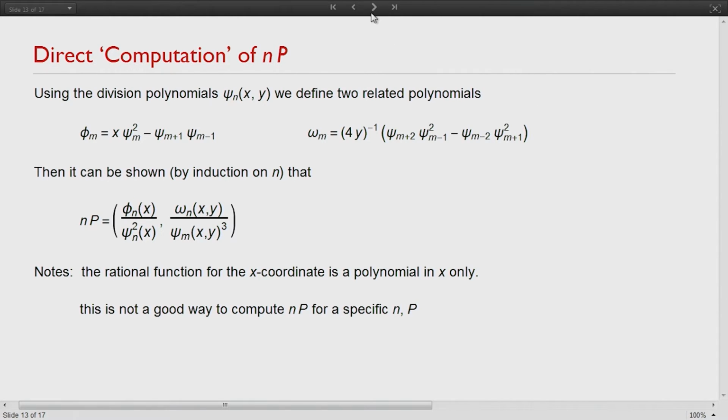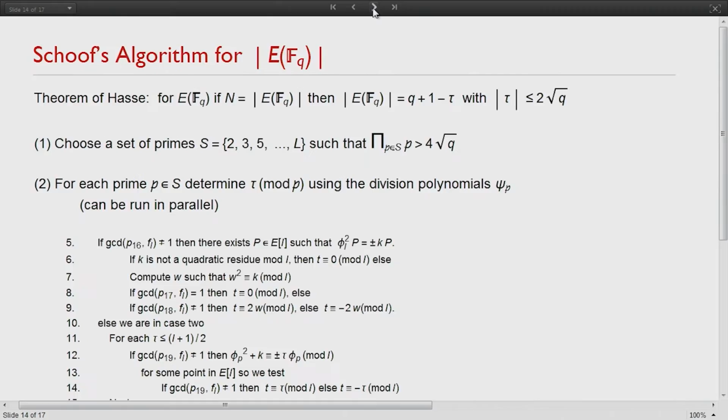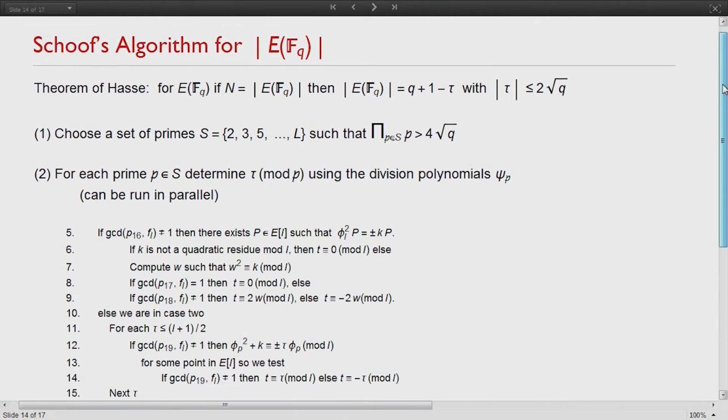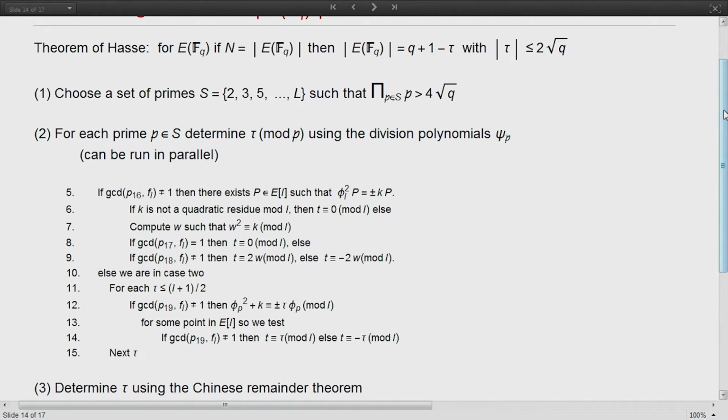But it's not a good way to compute nP. What it's used for is Schoof's algorithm. Using Hasse's theorem, what Schoof does is select a set of small primes whose product is at least the total width of the Hasse bounds.